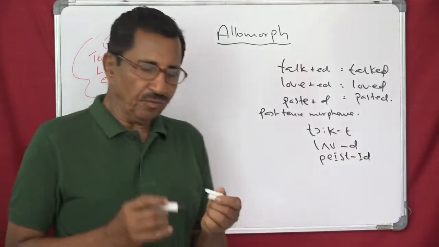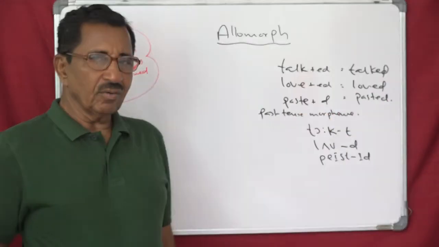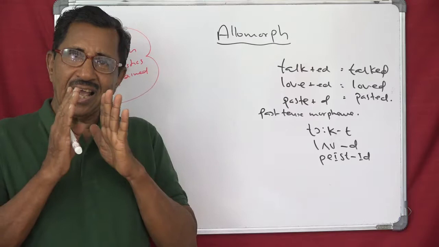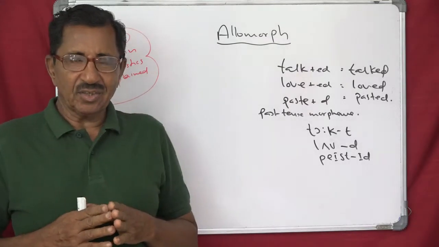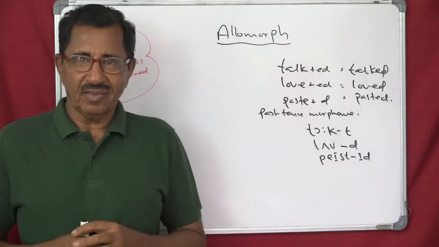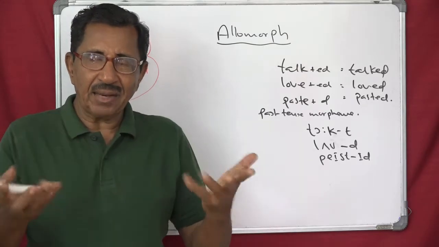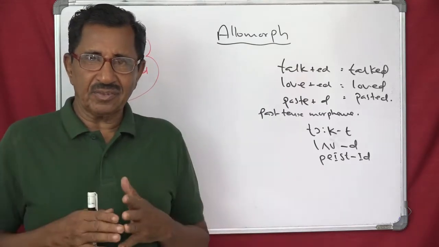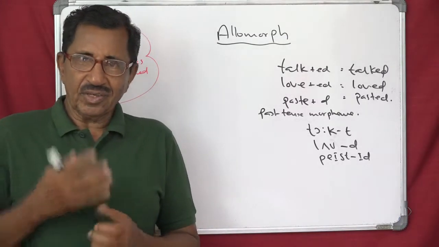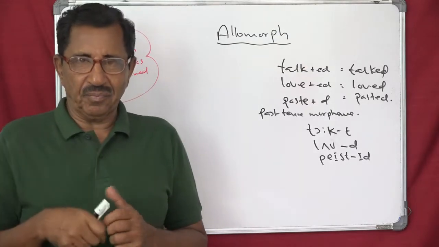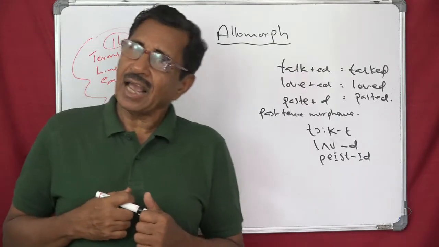See the past tense morpheme, all three eds, they are past tense. Their meaning is past tense, so you call them past tense morphemes. But these past tense morphemes have three different shapes or forms. They are morphemes, but they have different forms, or they are variants of the past tense morpheme. A variant of a morpheme you call an allomorph.